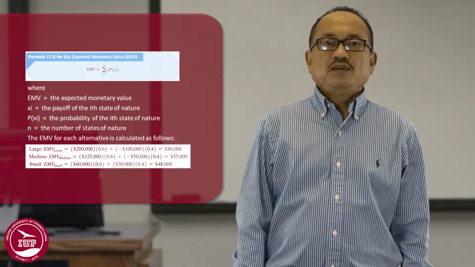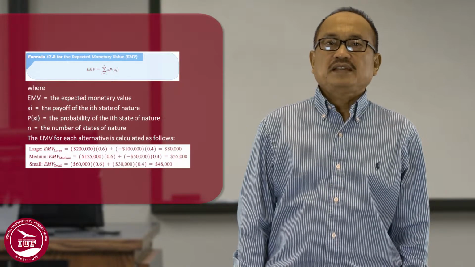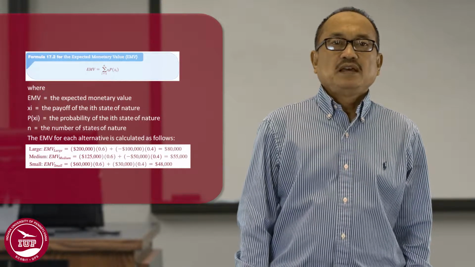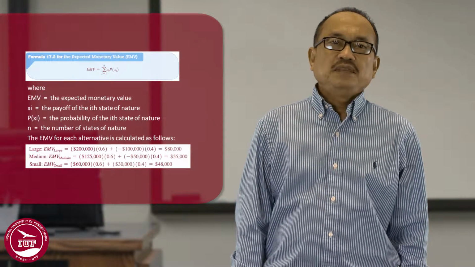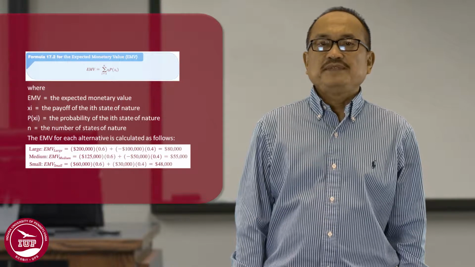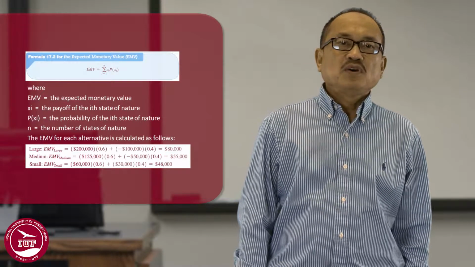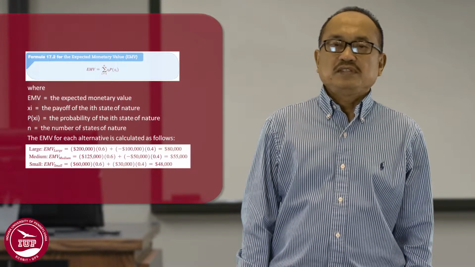The EMV for each alternative is calculated as follows. Large EMV is equal to 80,000, medium EMV is equal to 55,000, and small EMV is 48,000.